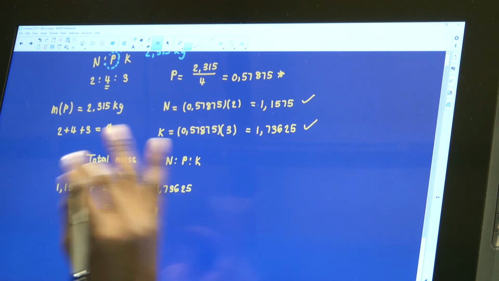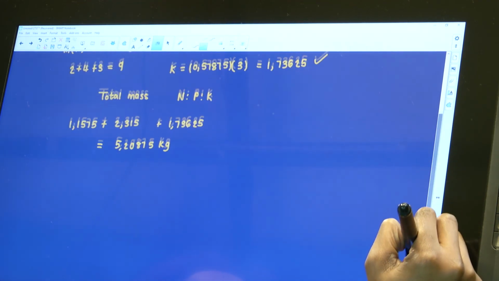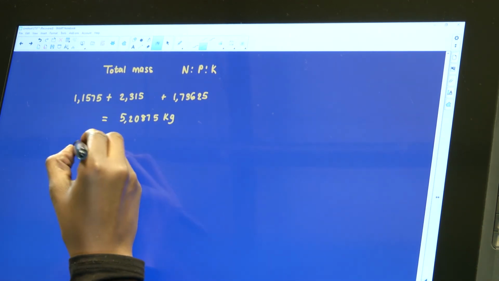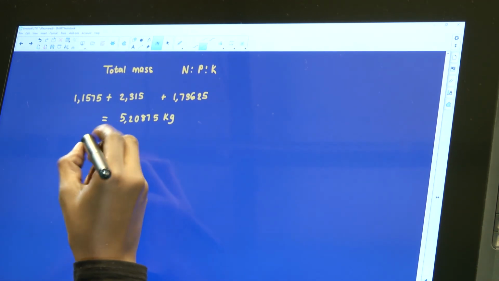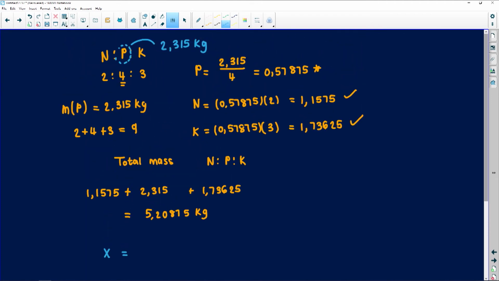Remember, this is just telling me how much fertilizer we now have in a bag. We are then one step there. So now to find this one, I'm still looking for X. I just want to go back to my nice diagram over here in my previous slide.